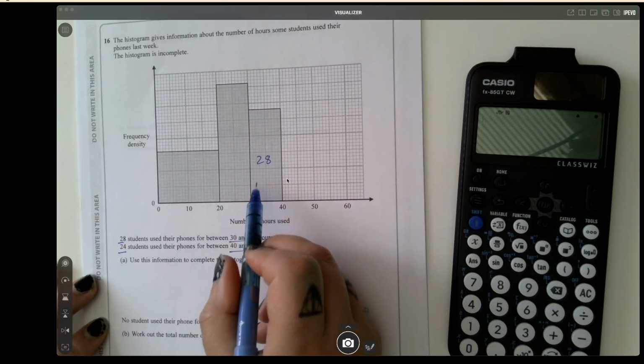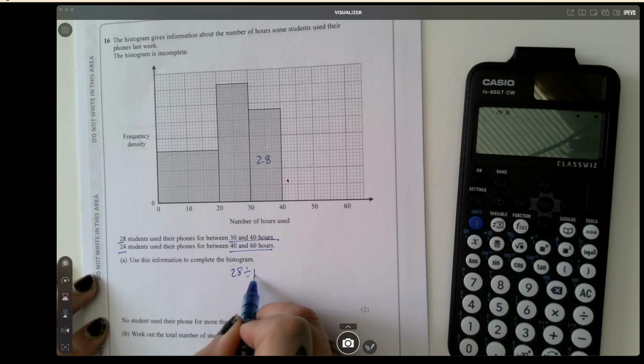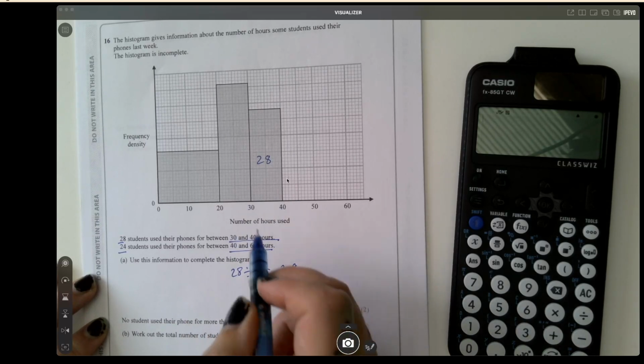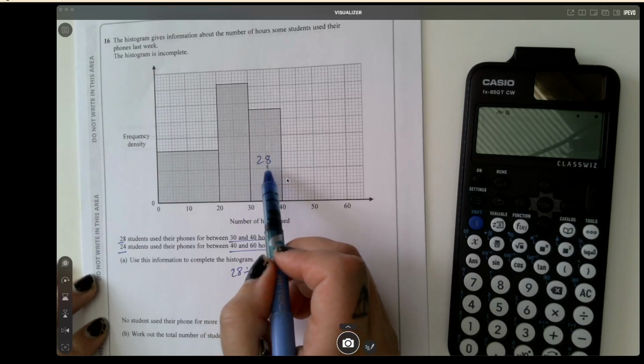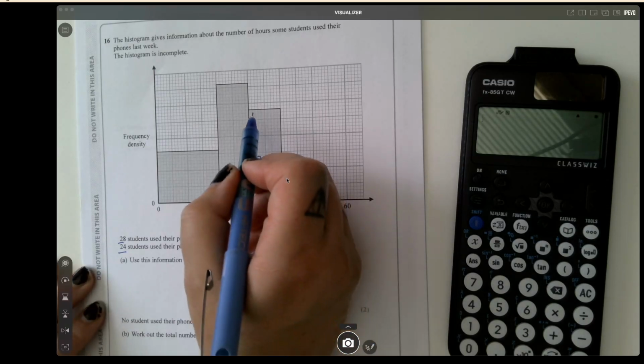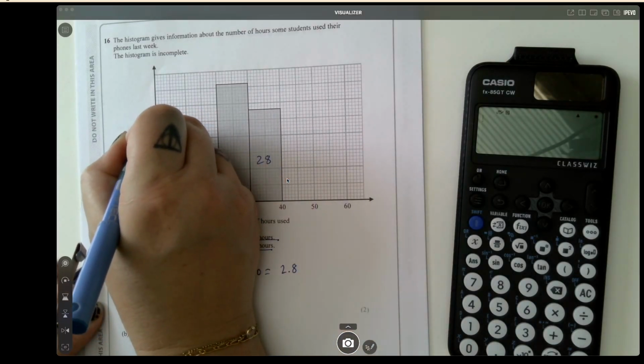So 28 divided by this class width, 28 divided by 10, tells me that the height of that bar must be 2.8, because 2.8 times 10 gives me 28 people. So if I follow across here, this is 2.8.